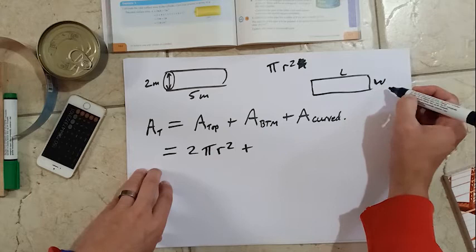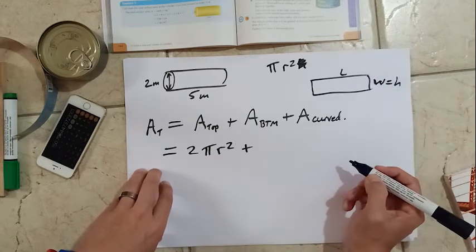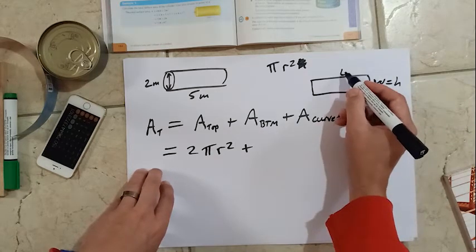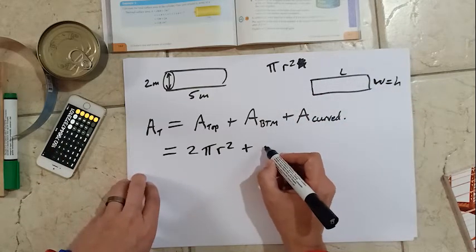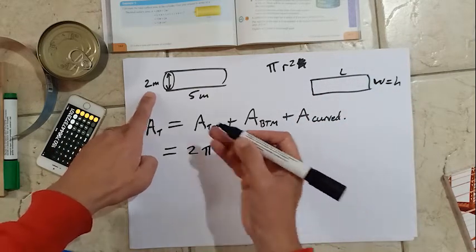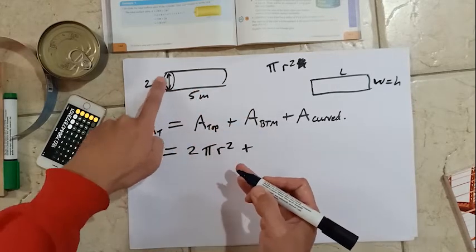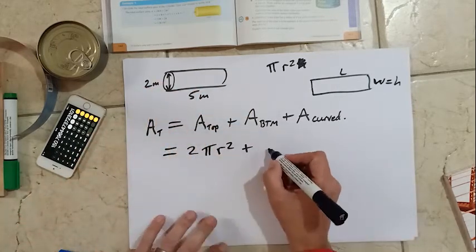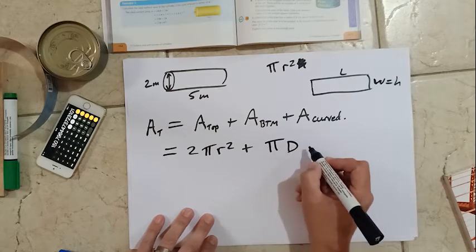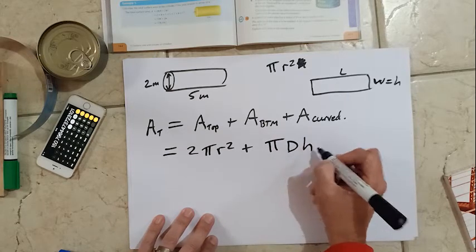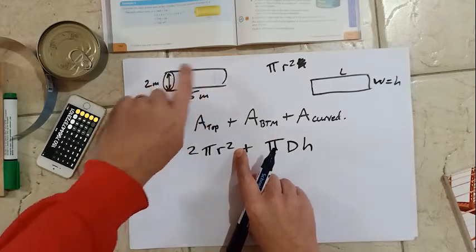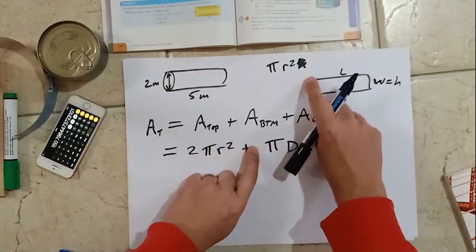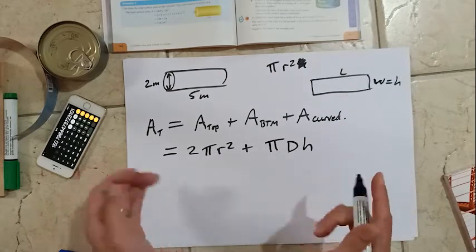This width is actually the height, and this length is the circumference, which is pi d. We've already got the diameter, so rather than 2 pi r, let's do pi d times h. So there's the two circles, and there's the unwrapped curved surface.